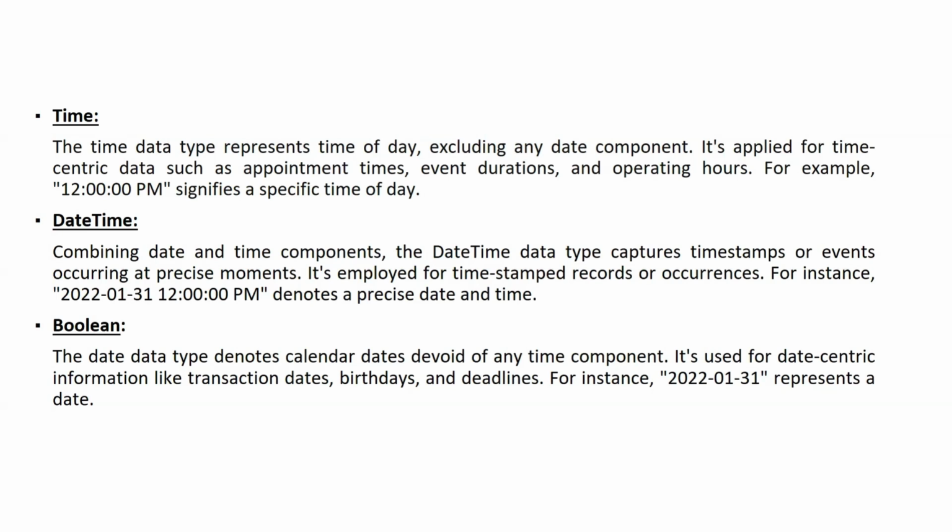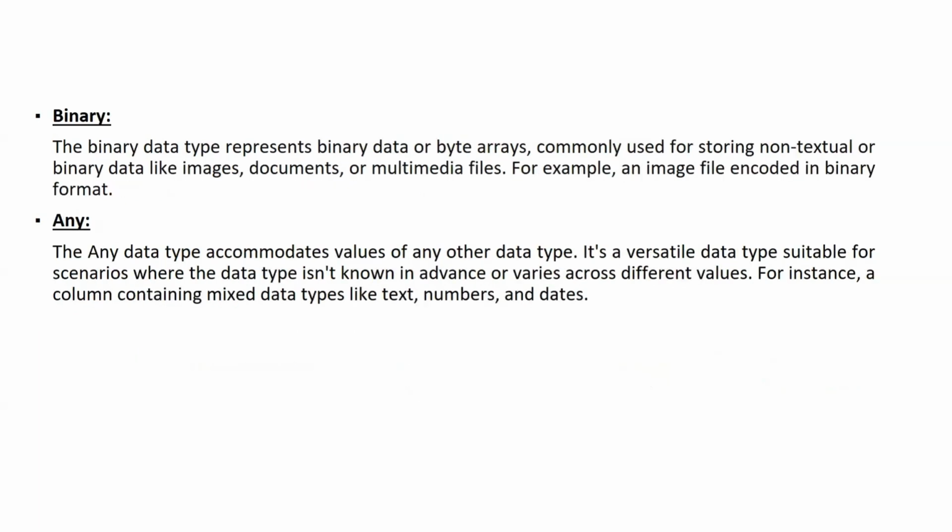By leveraging Boolean values, you can identify patterns, categorize data, and derive actionable insights from your dataset with precision. Some of the most common examples of Boolean data type are product availability, customer purchase, and task completion.